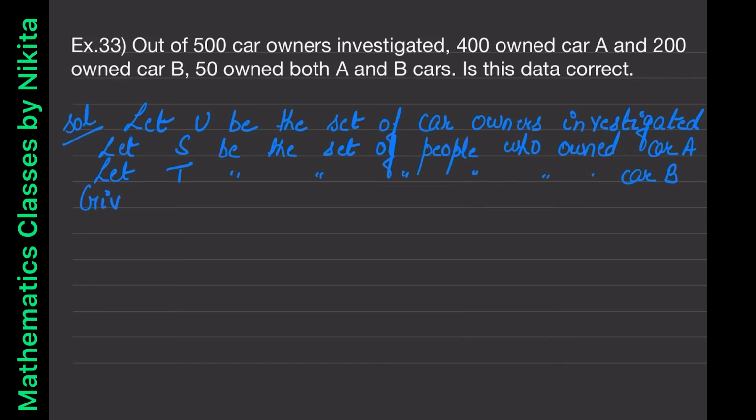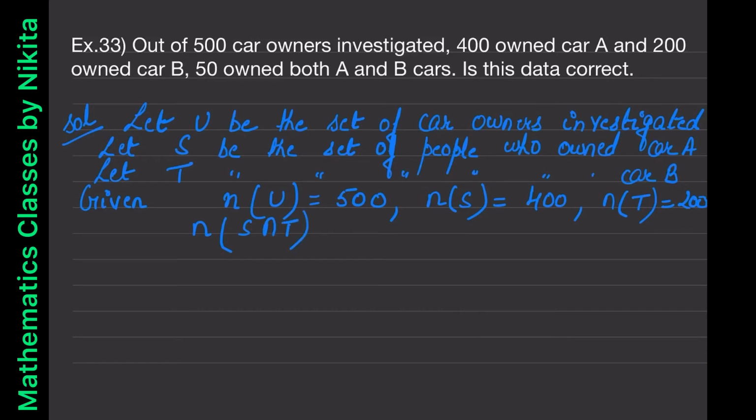It is given that N of U is equal to 500, N of S is equal to 400, N of T is equal to 200, and the intersection, so N of S intersection T is equal to 50.